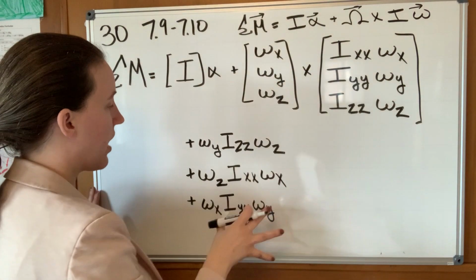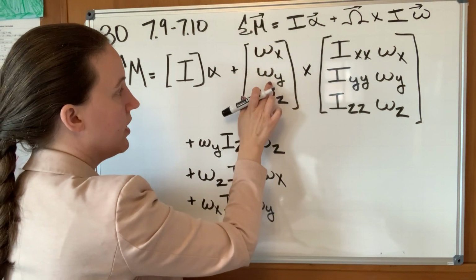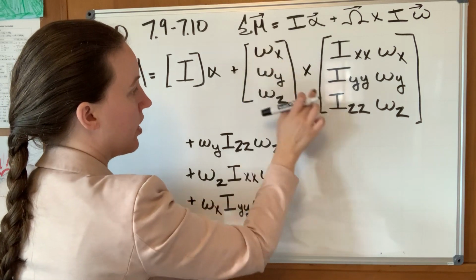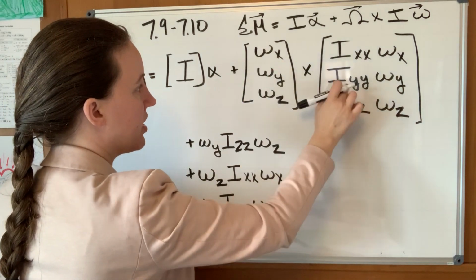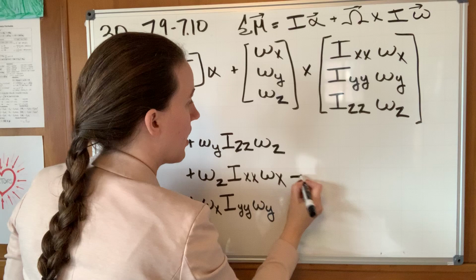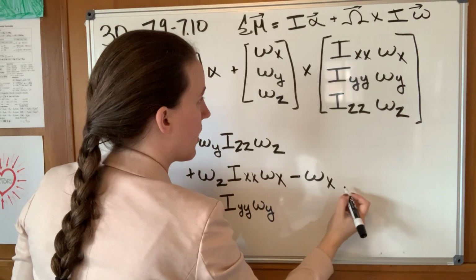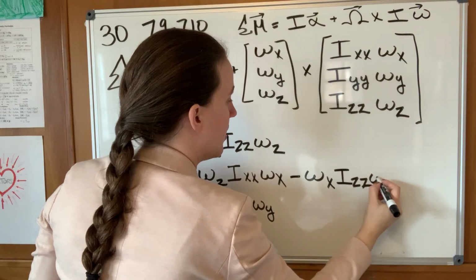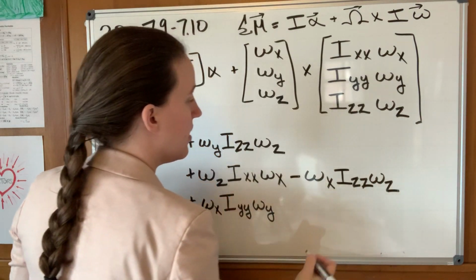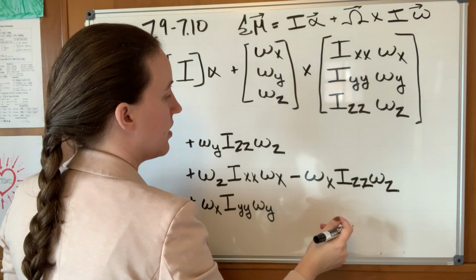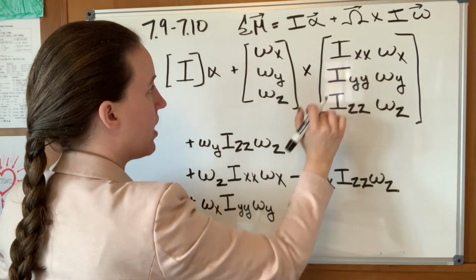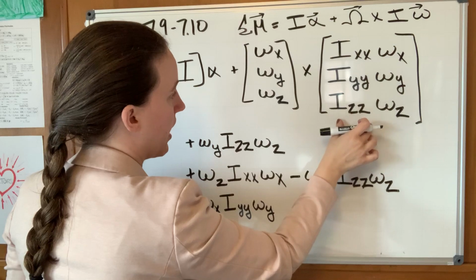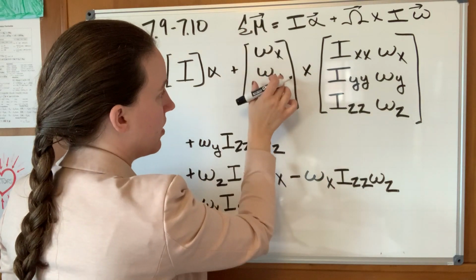Now I'm going to do all the negative terms. If I take this term crossed with this term, that gets me negative in this direction. So we've got omega x I zz omega z, and that's going to be in the negative j.